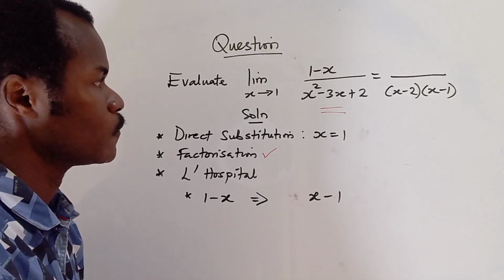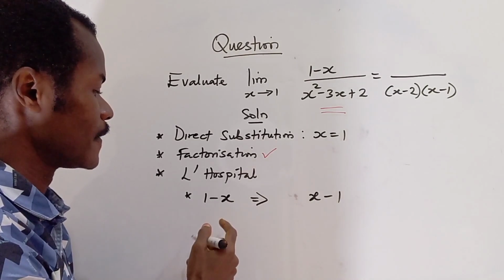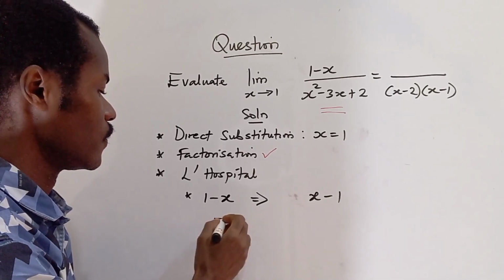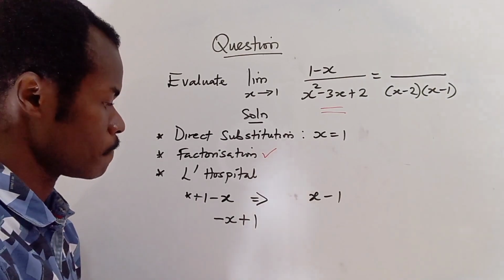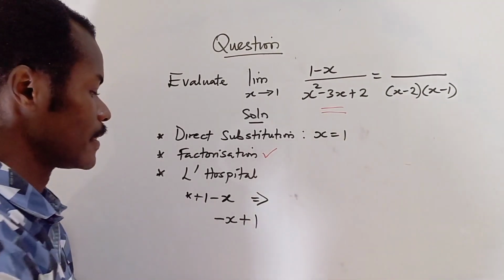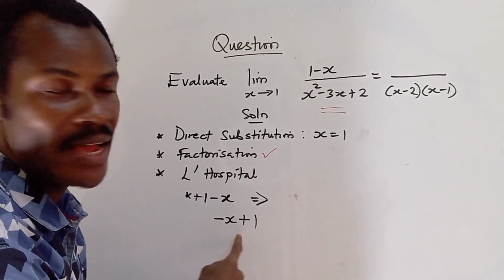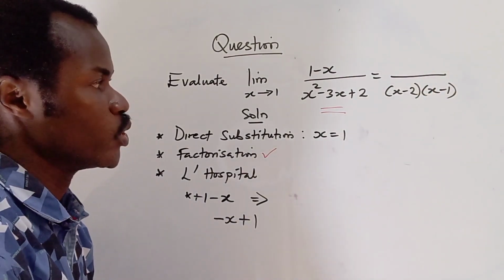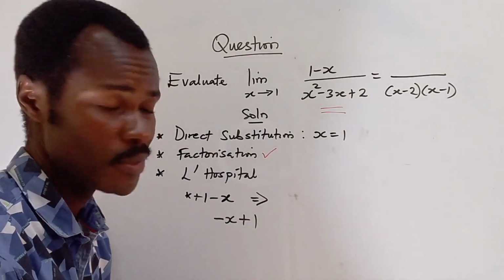All we need to do is write this in this form as minus x. There's a plus here, so we can say minus x plus 1. Now, since we have it as minus x plus 1, how do I factorize this such that it becomes x minus 1? Because you have to have something at the numerator that can cancel the denominator.